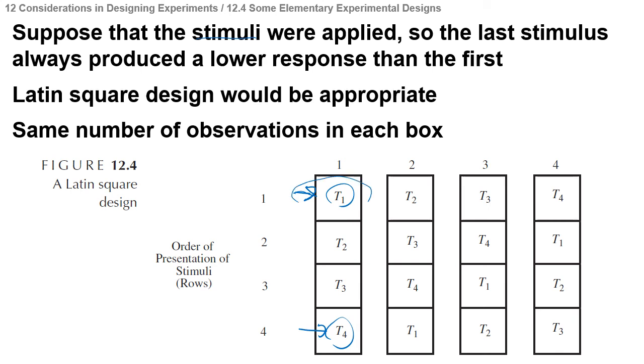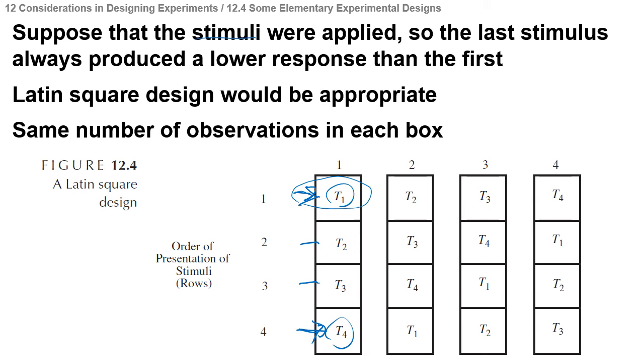The first one would have a higher response. However, since we get many treatments, for the last stimulus we may have a lower response. So we should consider the order of the treatments received.